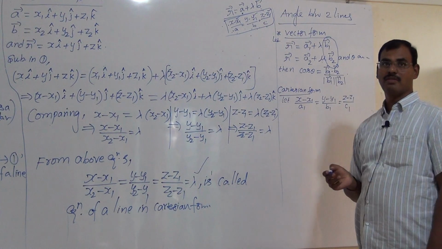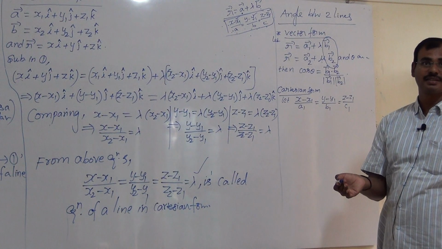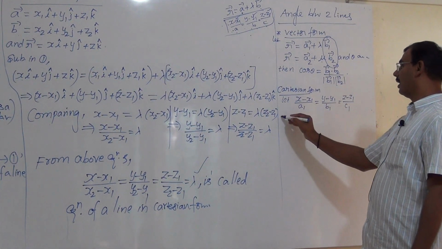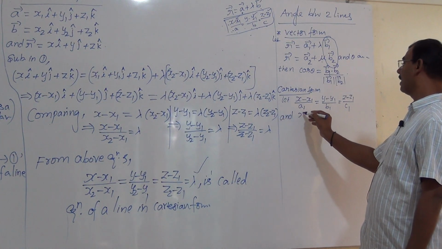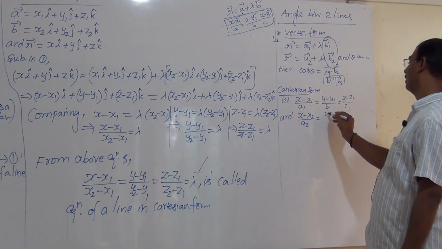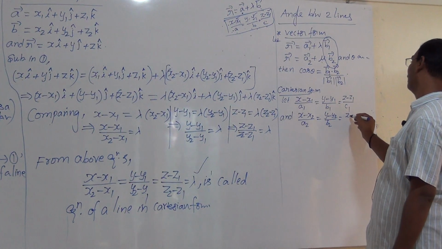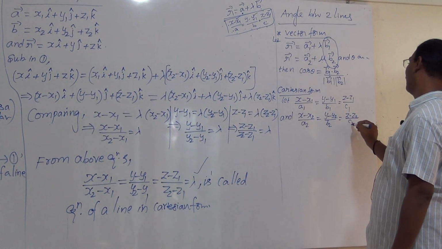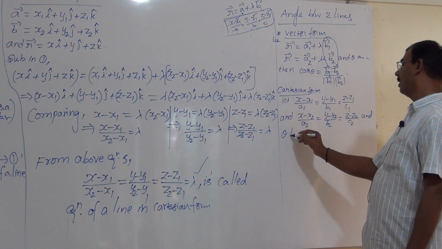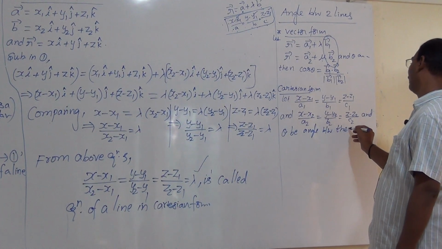Here x1, y1, z1 is a point the line passes through, and a1, b1, c1 are its direction ratios. The second line is x minus x2 divided by a2 is equal to y minus y2 divided by b2 is equal to z minus z2 divided by c2, and theta is the angle between them.